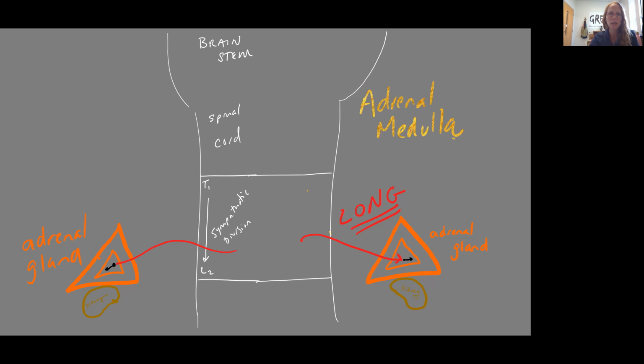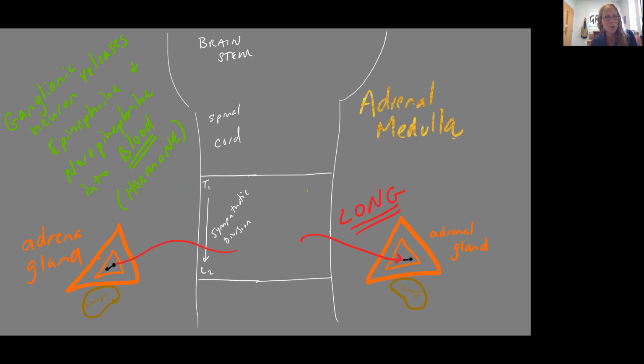But here is the other really major thing. Here we go. Those ganglionic neurons are releasing the neurotransmitter into the bloodstream. And so now, instead of it being a chemical messenger released at a synapse, which is what a neurotransmitter is, the chemical is instead released directly into the bloodstream.